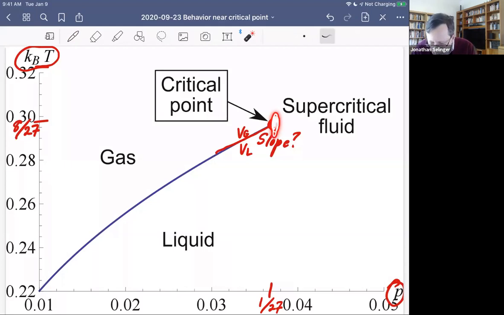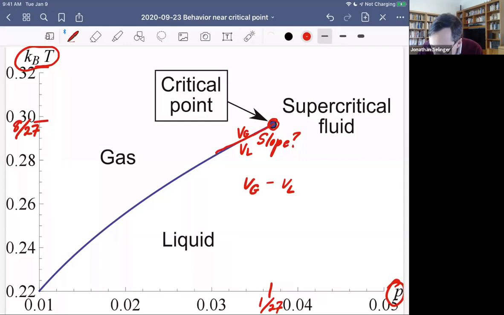But here it's really small, here it's bigger, bigger, bigger. So we might want to know how that difference depends on where you are, how close you are to the critical point. That is, we might want to calculate what is V_G minus V_L.